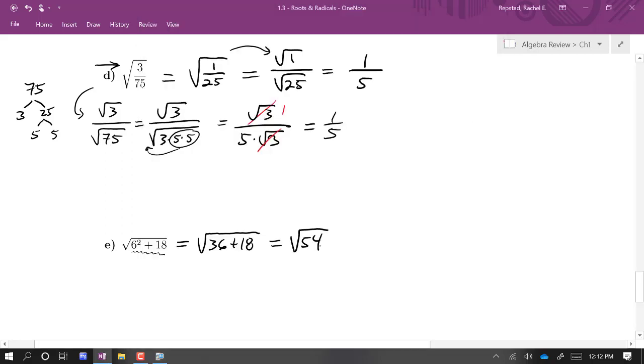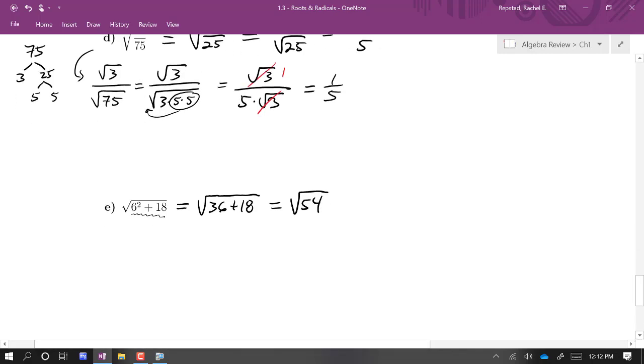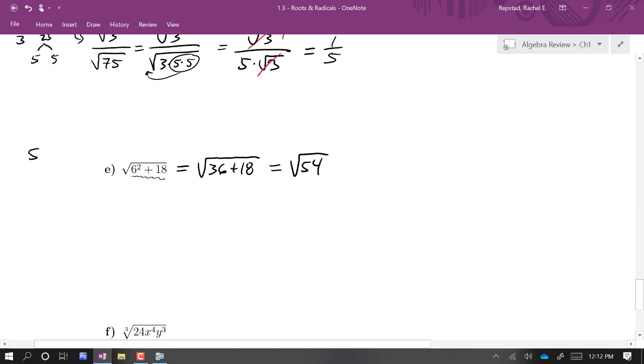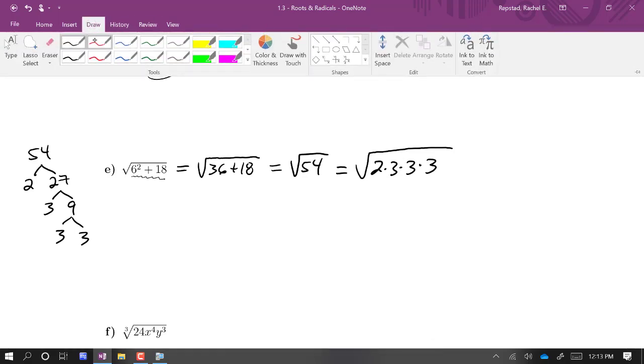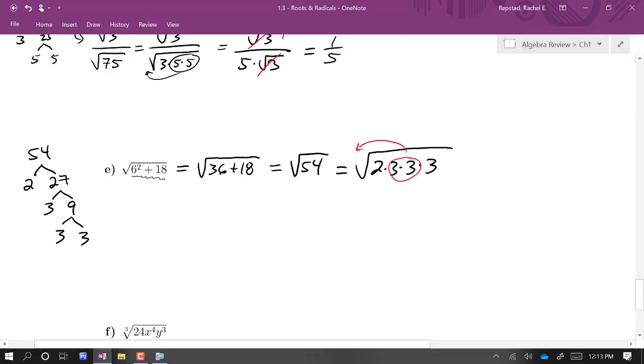Now that I have done that part, I can think about factoring and taking out square factors. So 54, let's make a factor tree. 54 is 2 times 27. 27 is 3 times 9, and 9 is 3 times 3. So this is the square root of 2 times 3 times 3 times 3. I've got a pair of 3's I can take out.